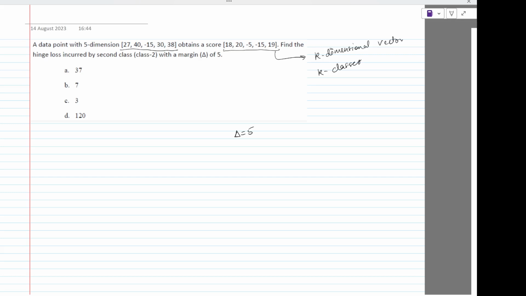So we might want to recall what the hinge loss function is. For class i, the hinge loss will be the summation over j not equal to yi of max of 0, sj minus s_yi plus delta.